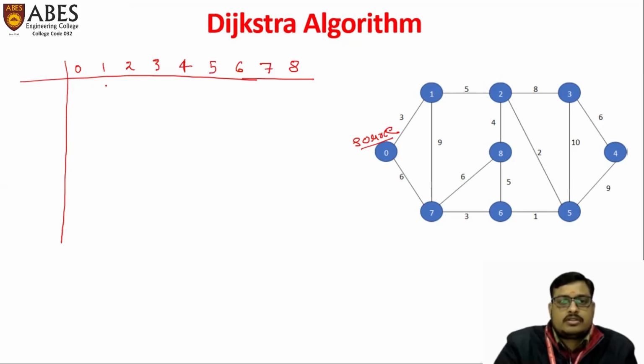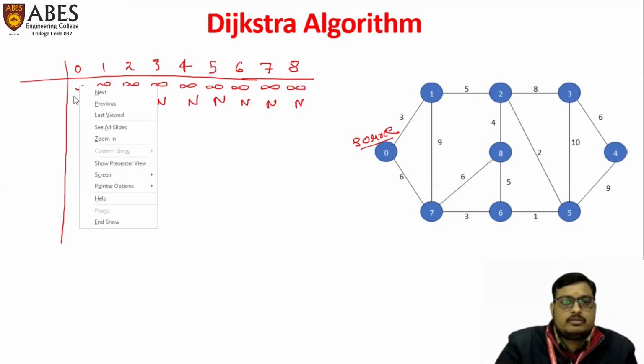Now the cost of all other vertices is initialized as infinity, and their source is nil. So we'll just write nil for the source because the source is unknown. And the cost of this vertex 0 will be 0.